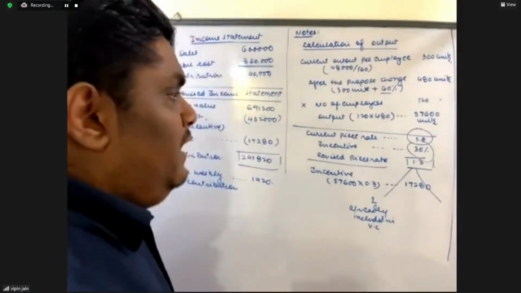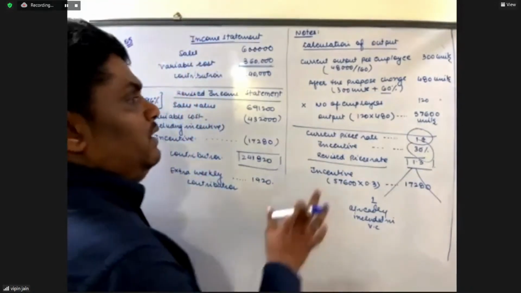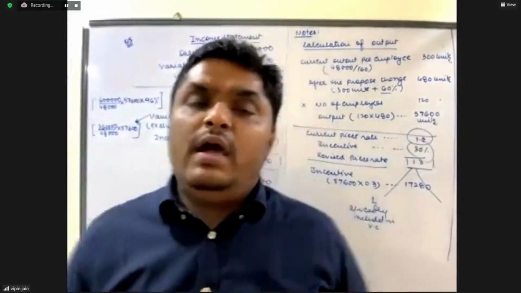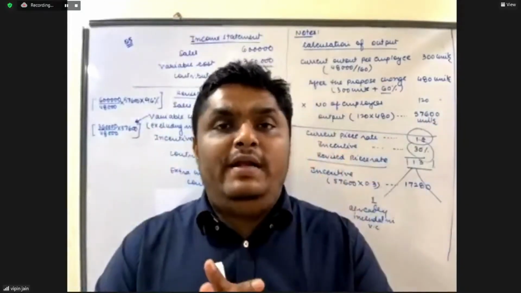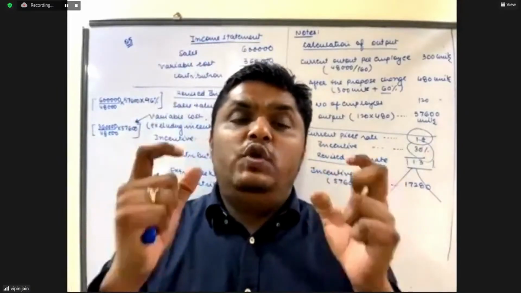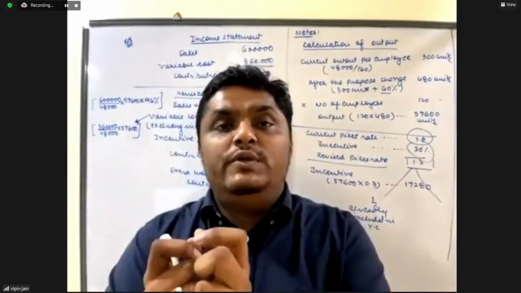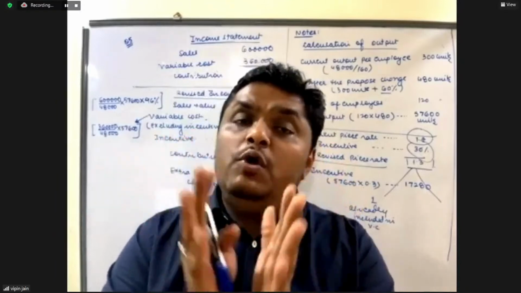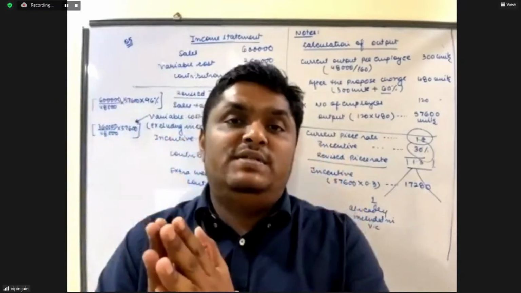Okay, Bhumika. So herein, the current piece rate is 1 rupees per article. Now it is given in the question that for every 2% increase in average individual output, there is 1% incentive. So per individual output has increased by how much? 60%.